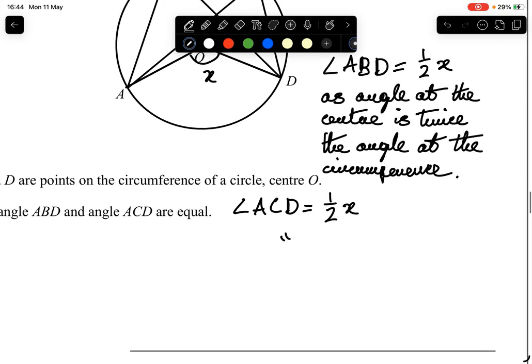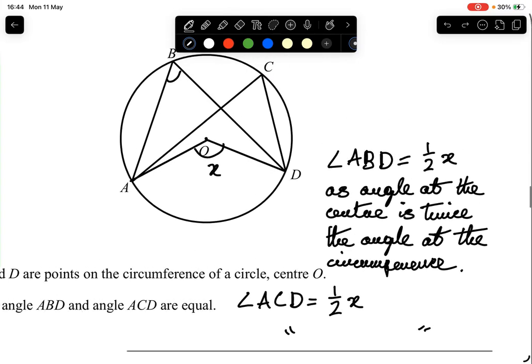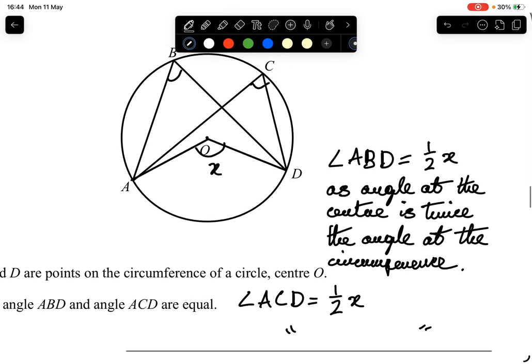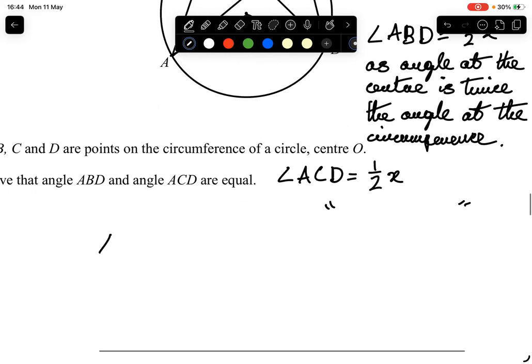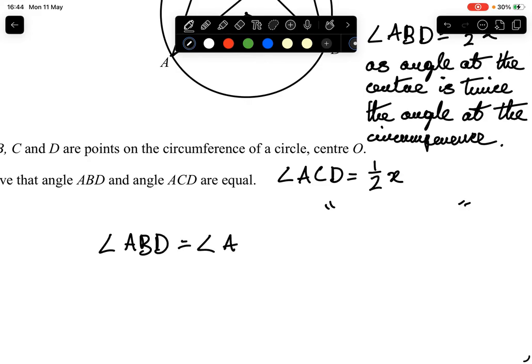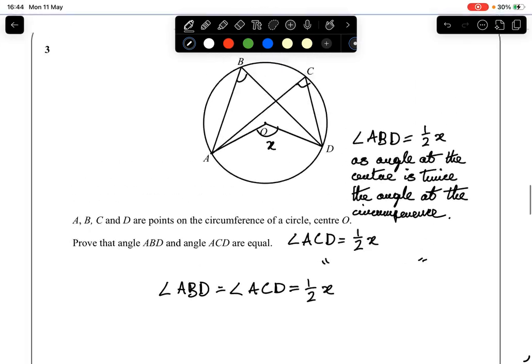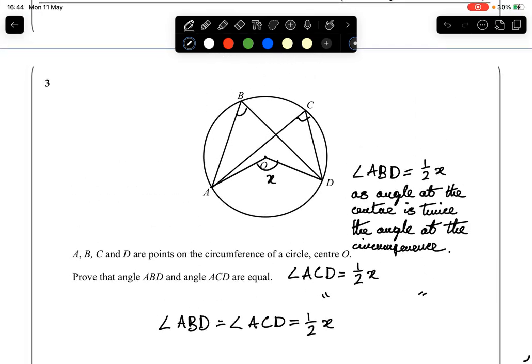For the same reason, in the exam, I would write exactly the same thing. Again, I'm not doing that here just because it's a bit of a waste of time. So that means that angle ABD equals angle ACD equals 1/2 x. So those two angles are the same.